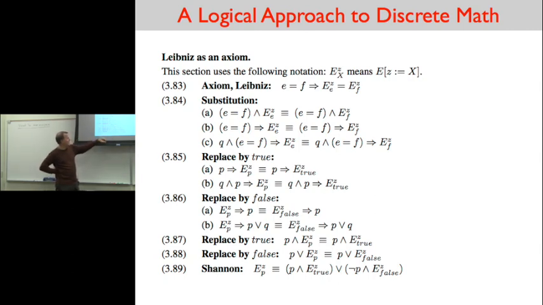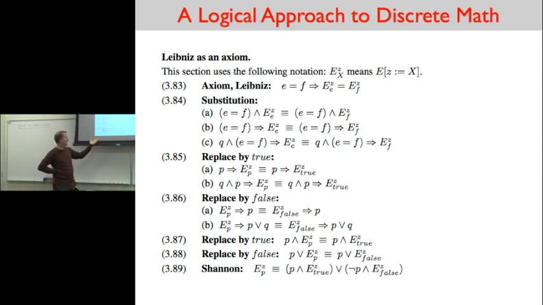And then Shannon is kind of related to that in a very interesting way, because Shannon says E with Z replaced by P is equivalent to P and E with Z replaced by true, or not P and E with Z replaced by false. So it's kind of like combining 3.87 and 3.88 in a certain way.